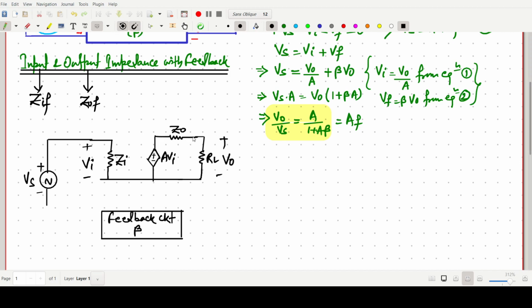This one is connected here because this is a voltage series feedback, and this one is also connected.